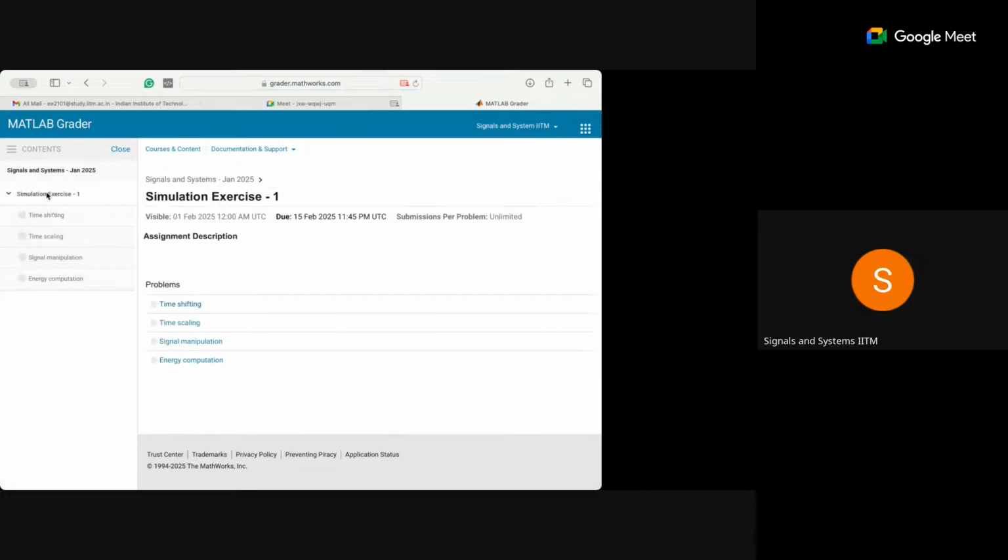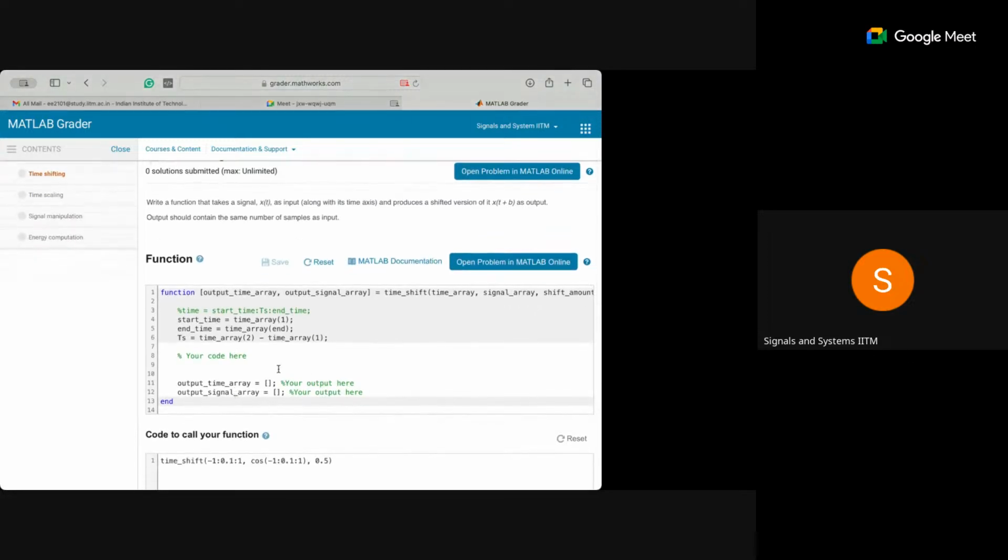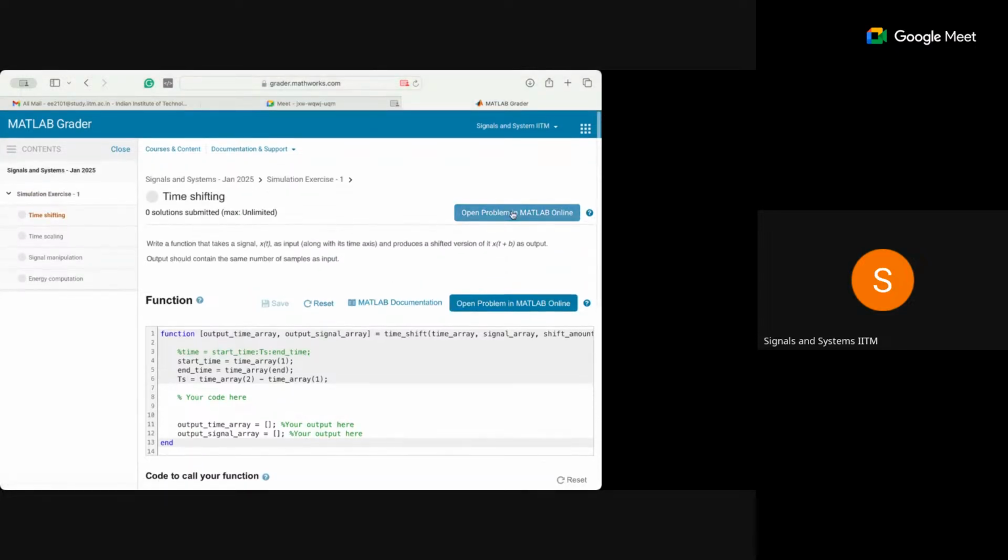If you click on that, there are four problems. The first two are related to shifting and scaling, and the third and fourth are signal manipulation and energy computation. Click on each problem, and you can write your code here itself, or you can open this problem in the MATLAB Online website.